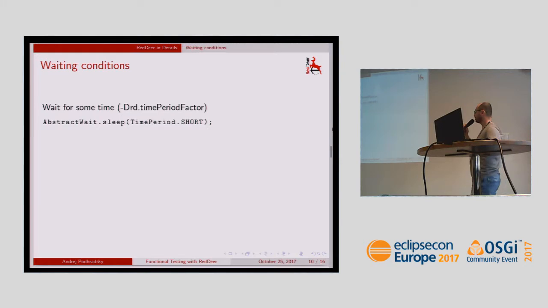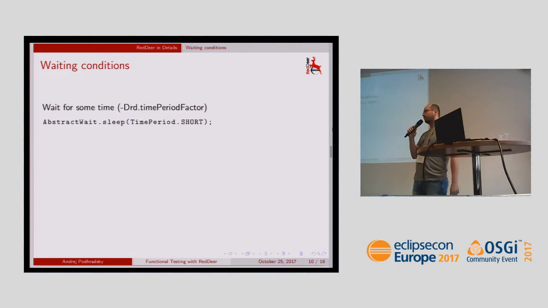Waiting conditions. I will start with the simplest one. You wait for a specified number of seconds. Here we use an enumeration. Short means 1 second, and default means 10 seconds.